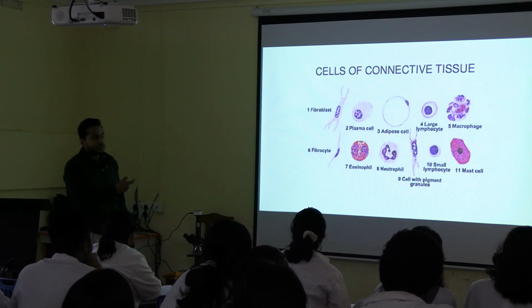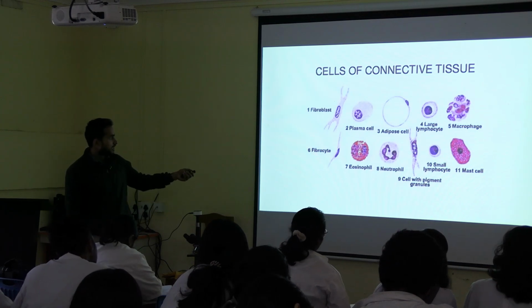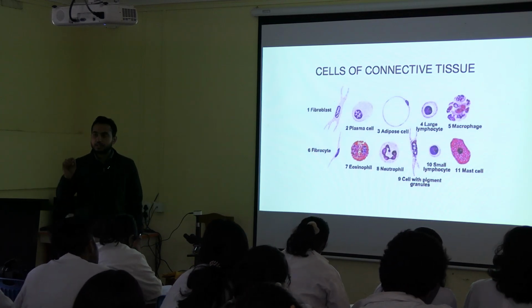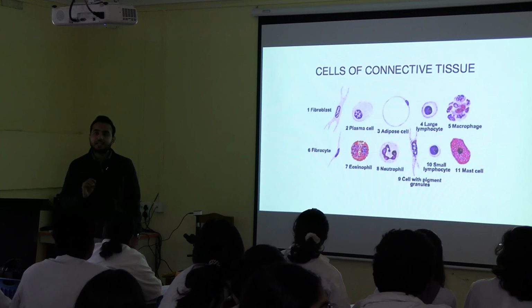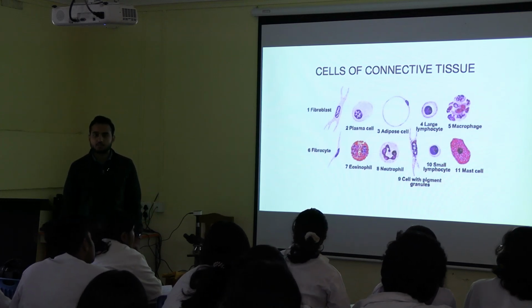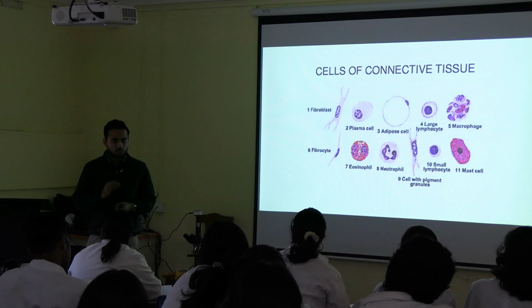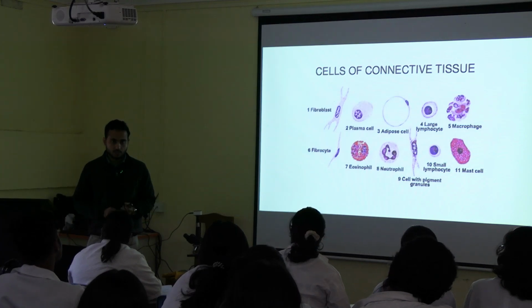Before going to the next part where we will discuss the fibroblast, fibrocyte and all those cells: under the microscope, whenever you see any structure, which color is visible? Purple and pink. Now, do you know why? Yes, H&E stain.